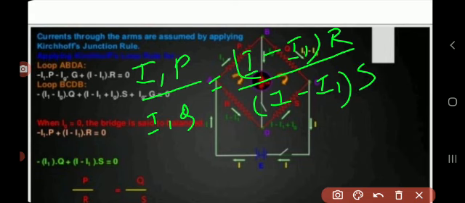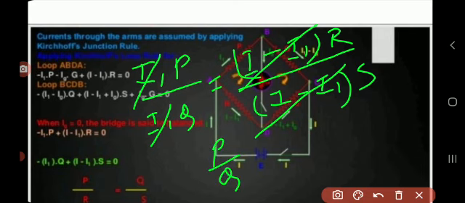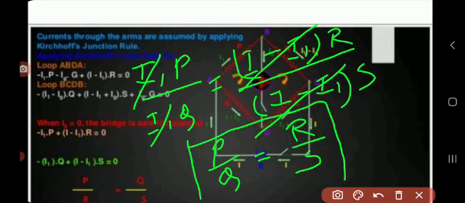We get this type of relation. I1 cancels out, and I minus I1 and I minus I1 are cancelled out. So the equation is P by Q is equal to R by S, and this is the balanced condition of the Wheatstone bridge.